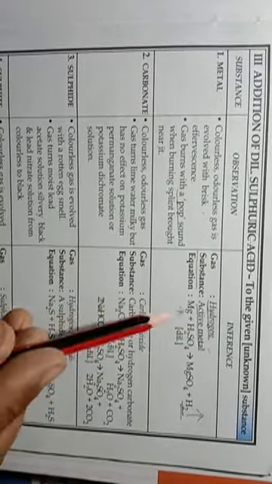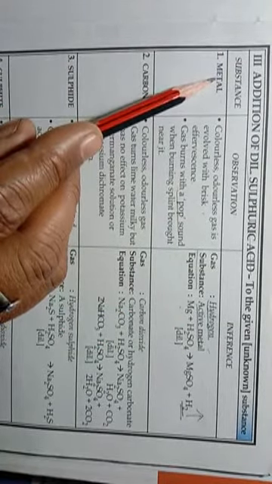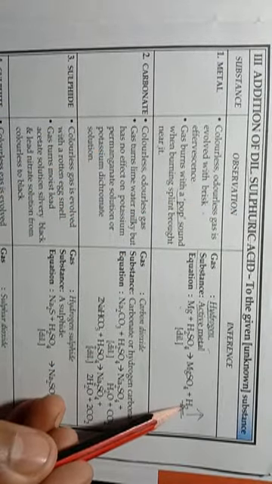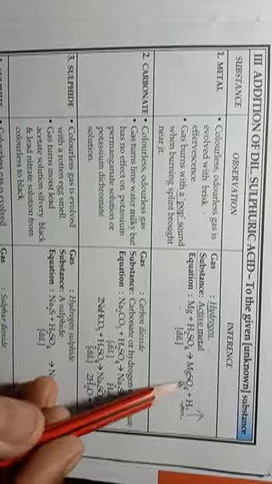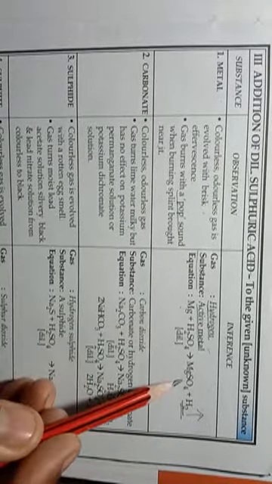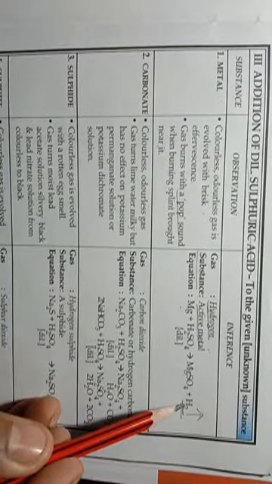Okay students, so in the reaction of an active metal with dilute sulfuric acid, neutral hydrogen gas is formed with the sulfate salt of the related metal, and this hydrogen gas is a colorless, odorless gas evolved with effervescence and burns with a pop sound. Next substance is carbonate.